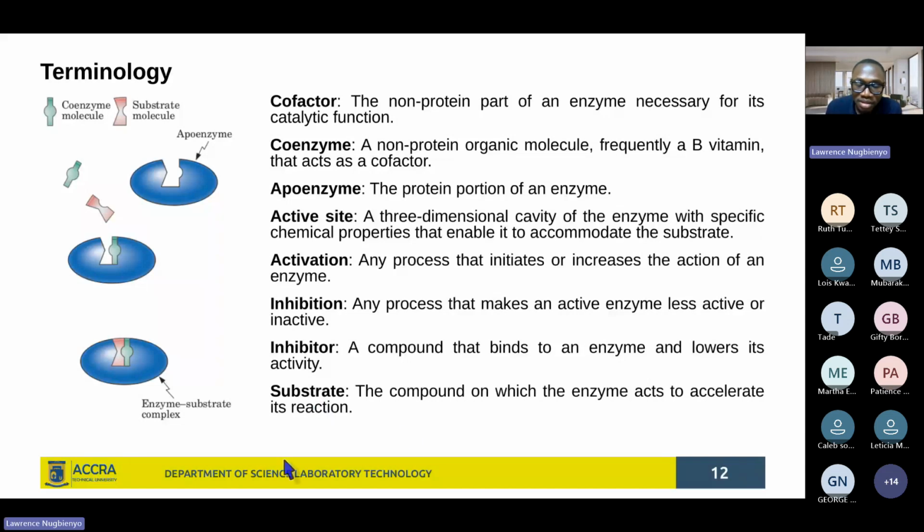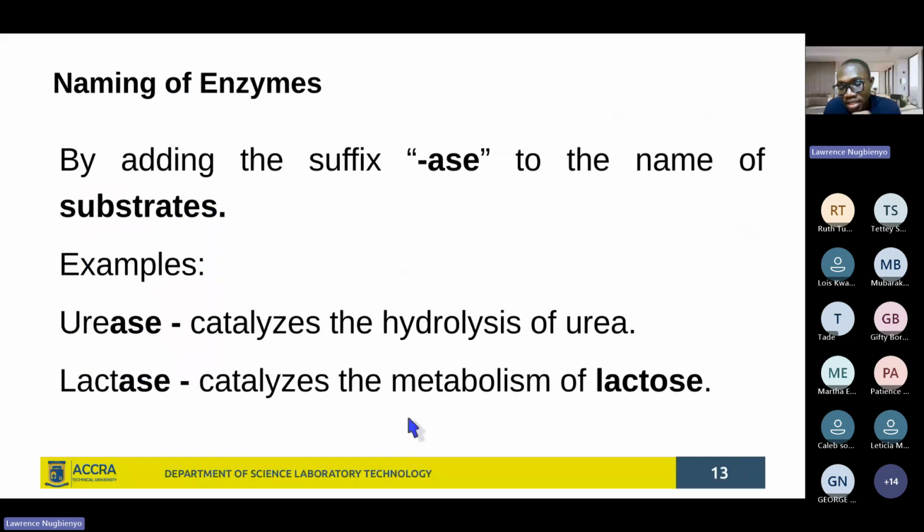So if you have some reactants that are reacting, like we were referring to a reaction of, say, sugar, the sugar is a substrate, and an enzyme will be acting on it to accelerate its breakdown. So that's a substrate. These are common terminologies that you hear when we are talking about enzymes.